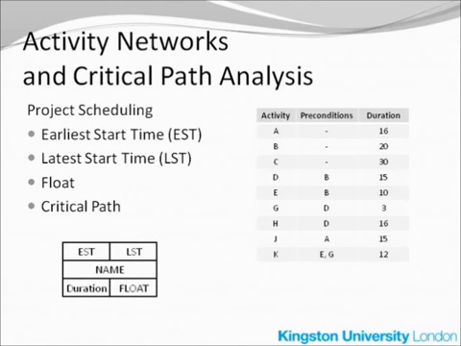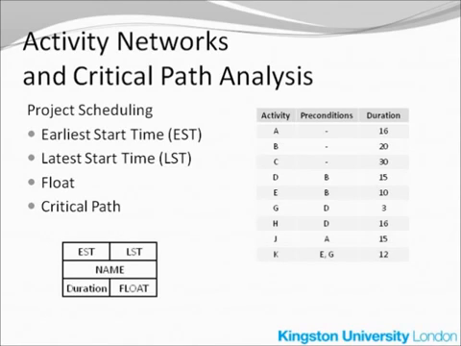So for every node, you put its name or label and 4 pieces of information: the duration of this activity in the lower left hand corner, then going clockwise, EST or the earliest start time, LST, the latest start time, and finally float.